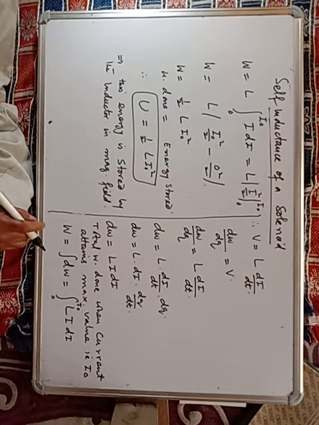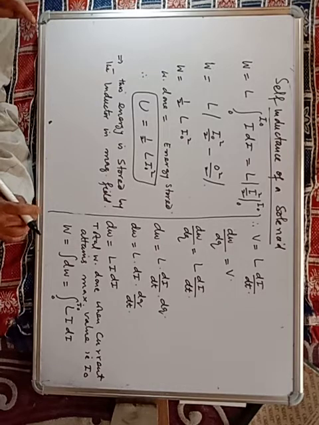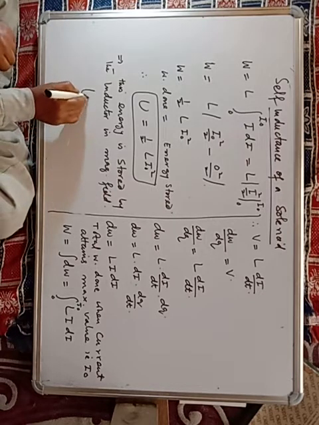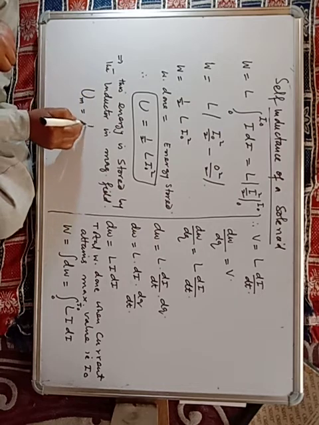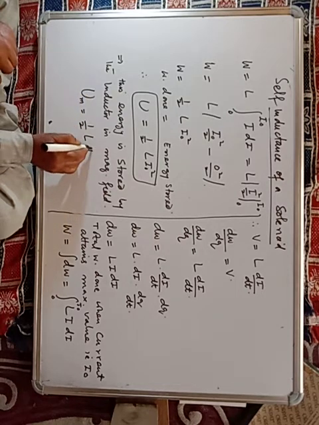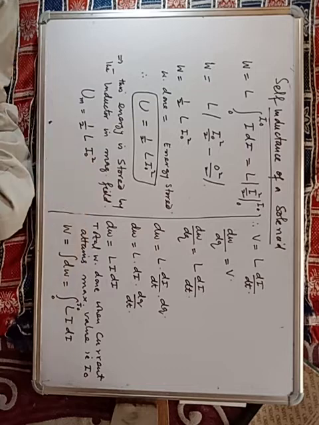In case of the capacitor, the energy is stored by the capacitor in electric field, but here in the magnetic field. Now we can write it as Um is equal to 1/2 of L I naught square.